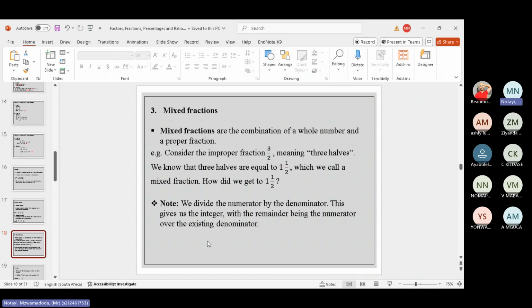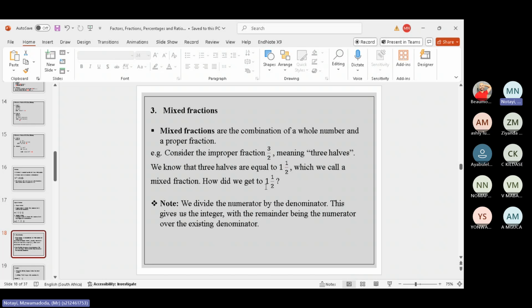How did we get to 1 and a half? Note we divide the numerator by the denominator. This gives us the integer, with the remainder being the numerator over the existing denominator.